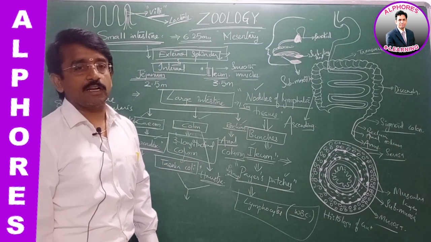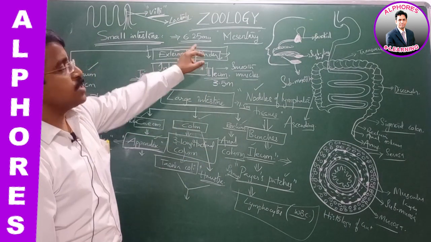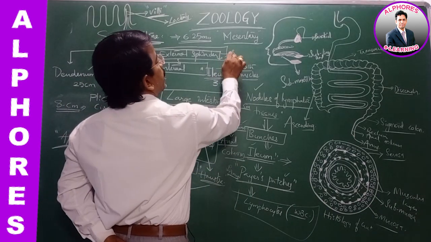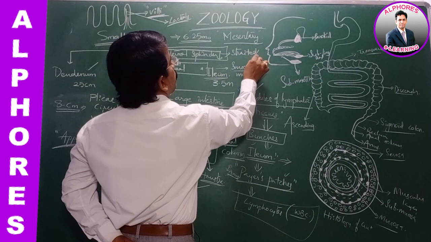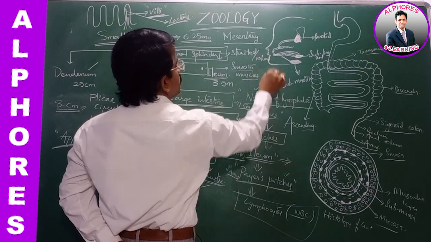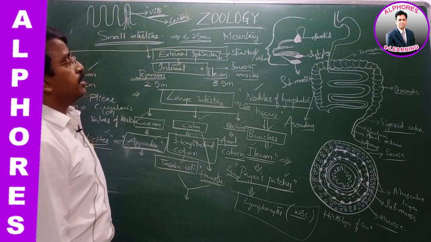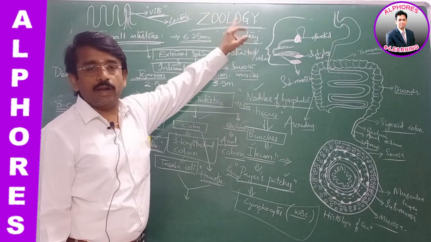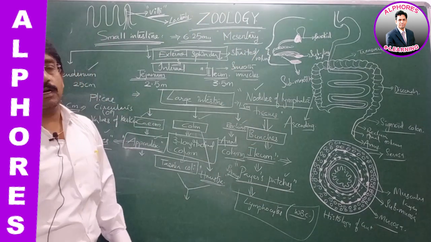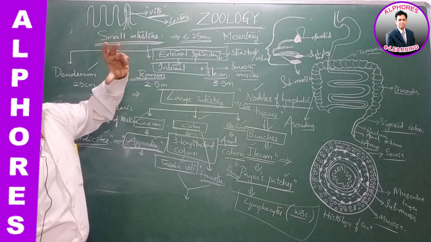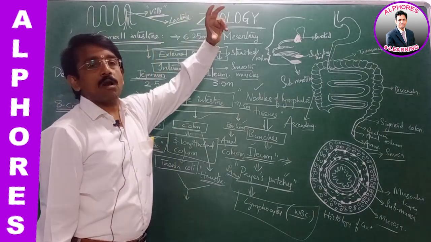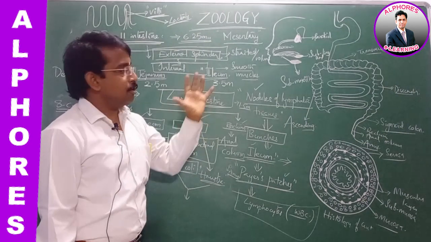The external sphincter is of striated muscles, and it is made up of voluntary muscles, which means it is under the control of the will of human beings.